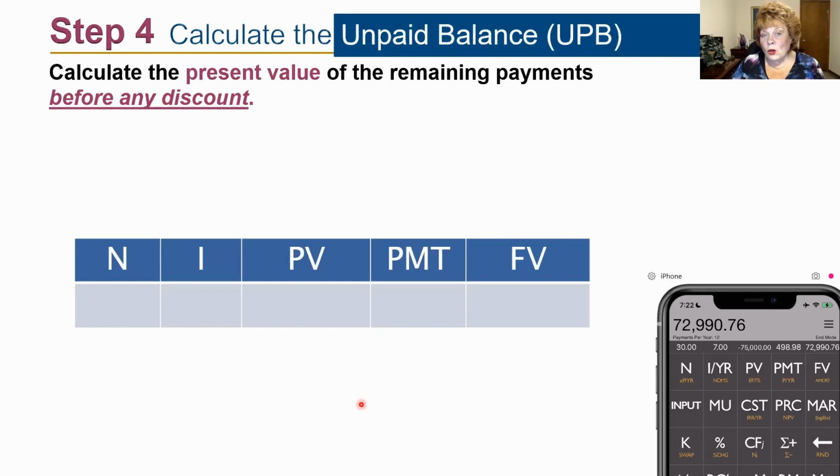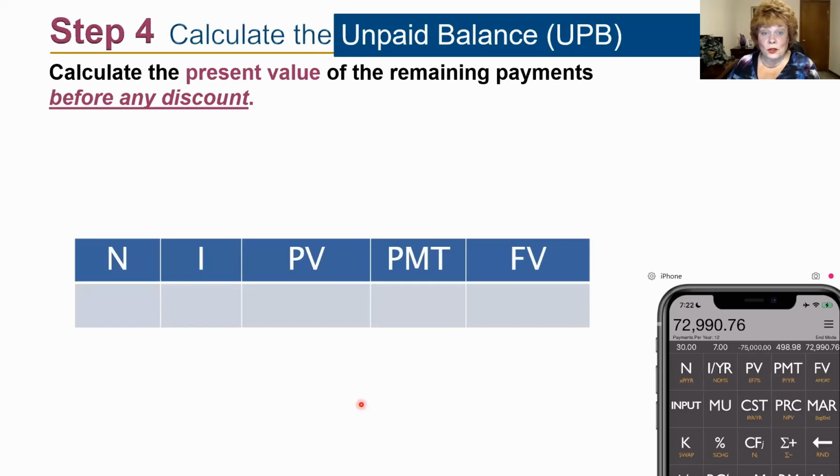So you also need to know that this is the same thing as calculating the unpaid balance. Think about it. The unpaid balance, that's the same thing as the current balance. That term became very popular back in the big downturn in 2008 when there were so many non-performing notes.